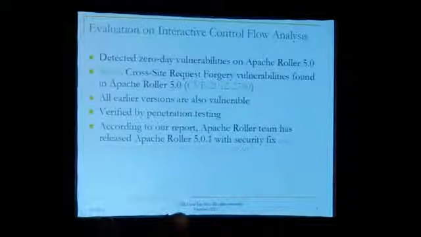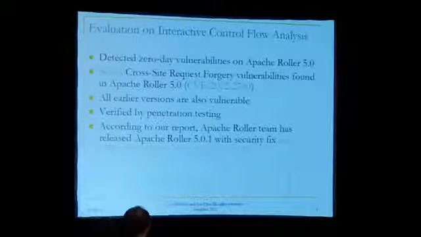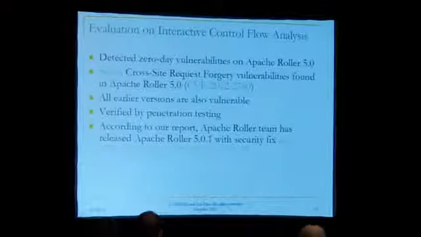They've done numerous facelifts in frameworks and UI, but those CSRF protection gaps just sailed on. We pen tested all the versions in the middle, and they all have these problems. We reported to the Roller team, and they fixed them and credited us for finding those zero days.